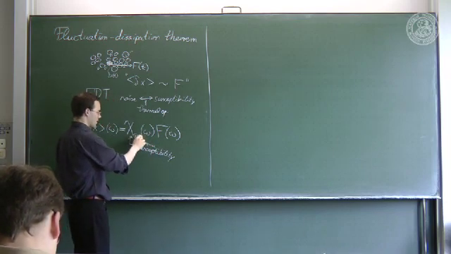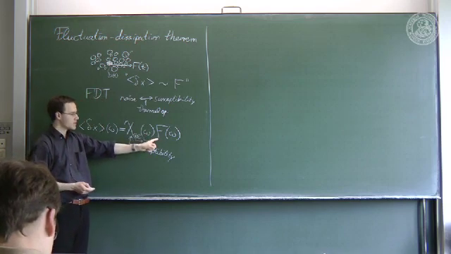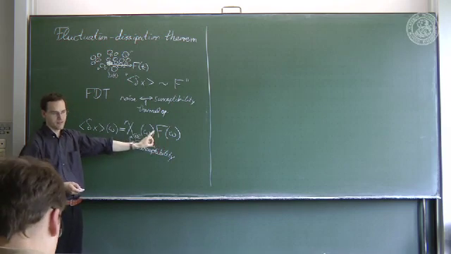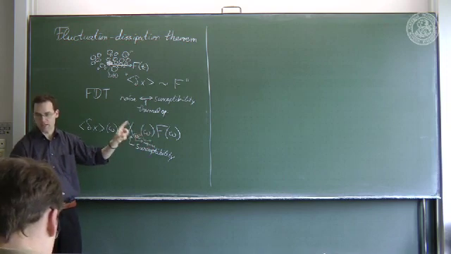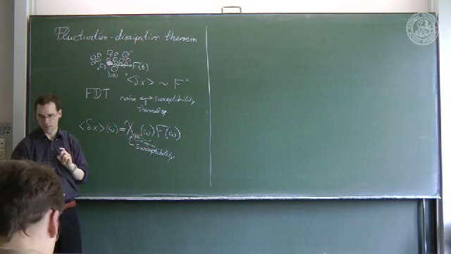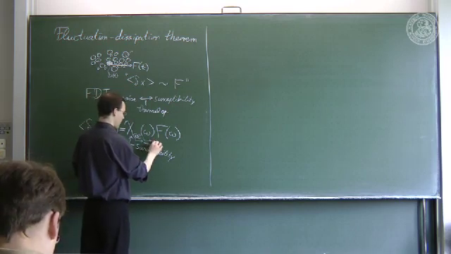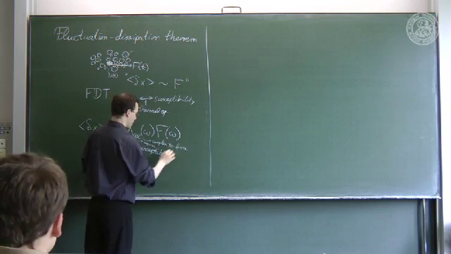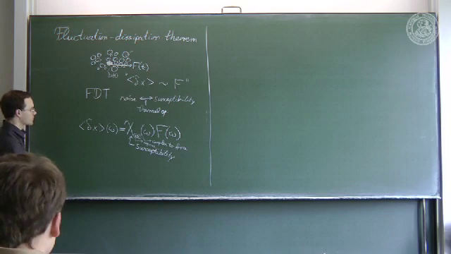And the second x in this case relates to the force that is, so to speak, the direction into which you apply the force, or more precisely, the variable in the Hamiltonian to which the force would couple, because you would write minus x times f into the Hamiltonian if you couple a force to the x coordinate. So this defines the susceptibility.